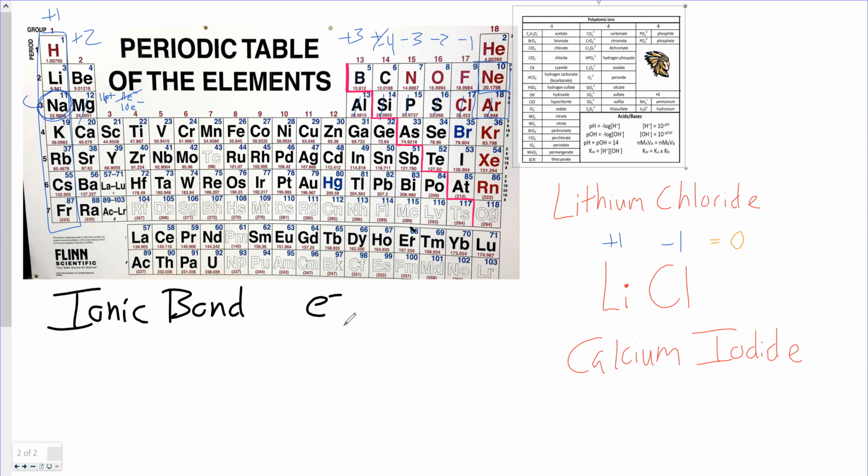And Gibson, I need the symbol and charge for iodide. Ariane's giving me the symbol and charge for calcium. Gibson's giving me the symbol and charge for iodide.